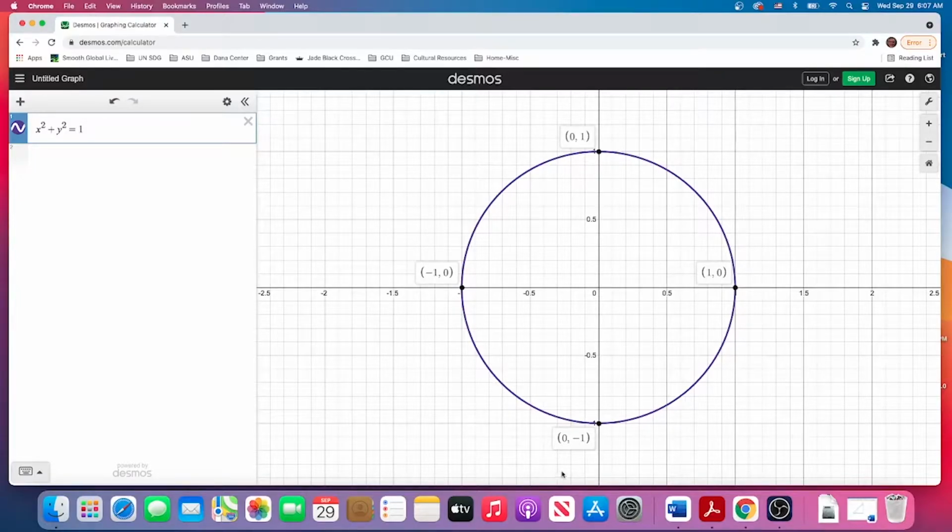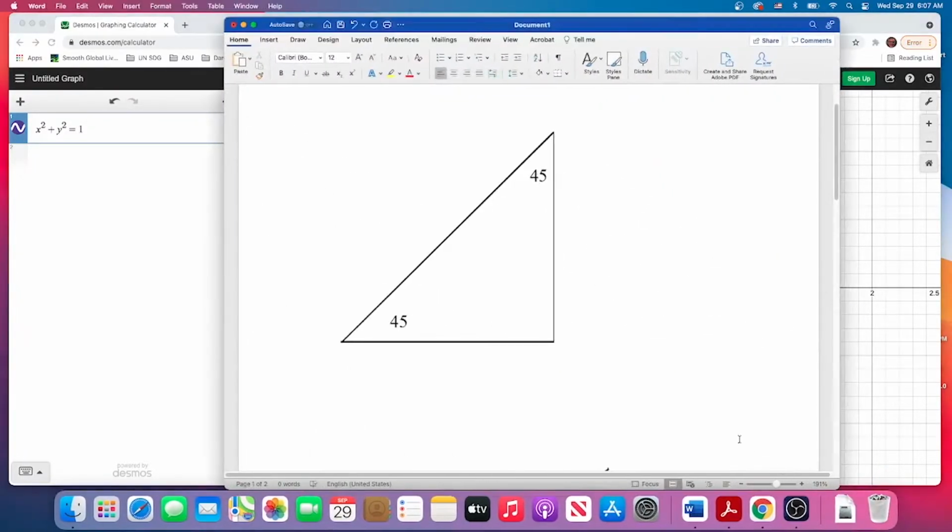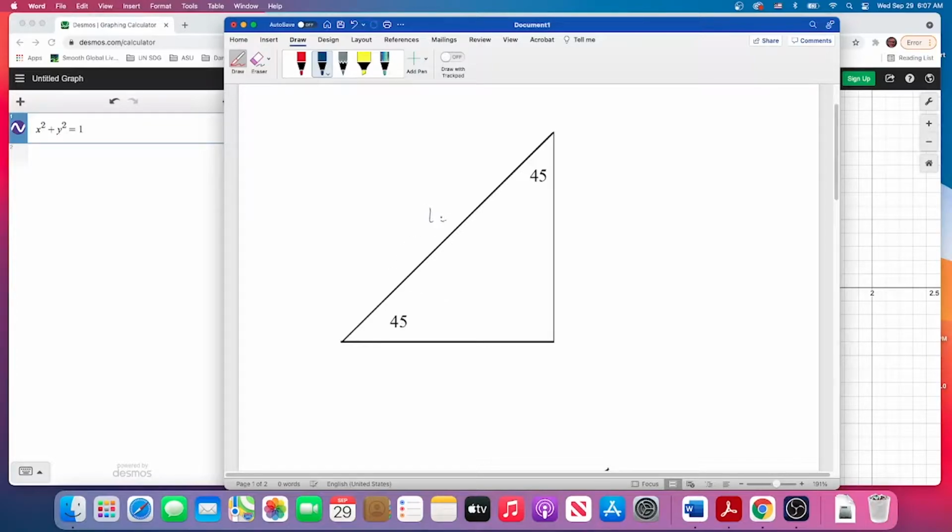Now, to connect this to the activity we were doing earlier, remember when we were doing this triangle, we measured the 45 degree. This measured out at 1 decimeter, 1.0.